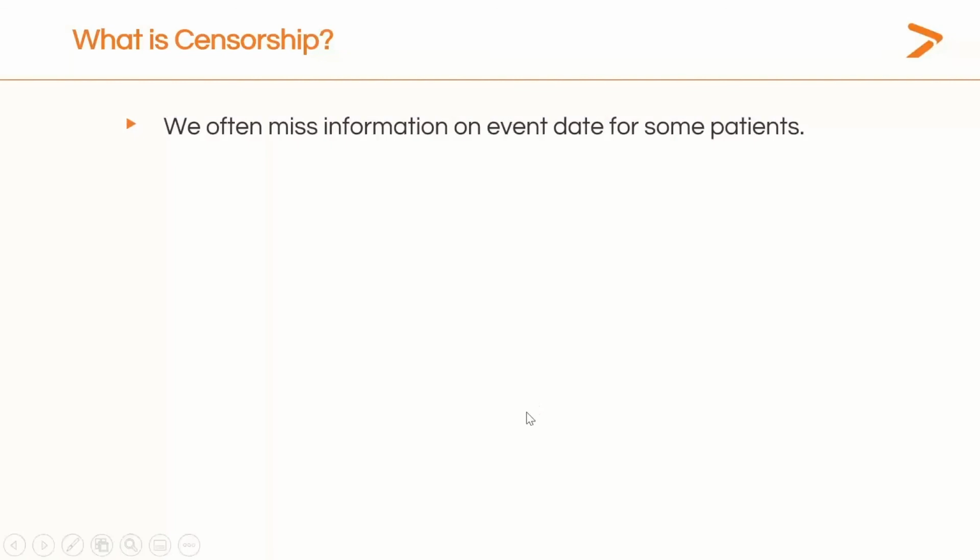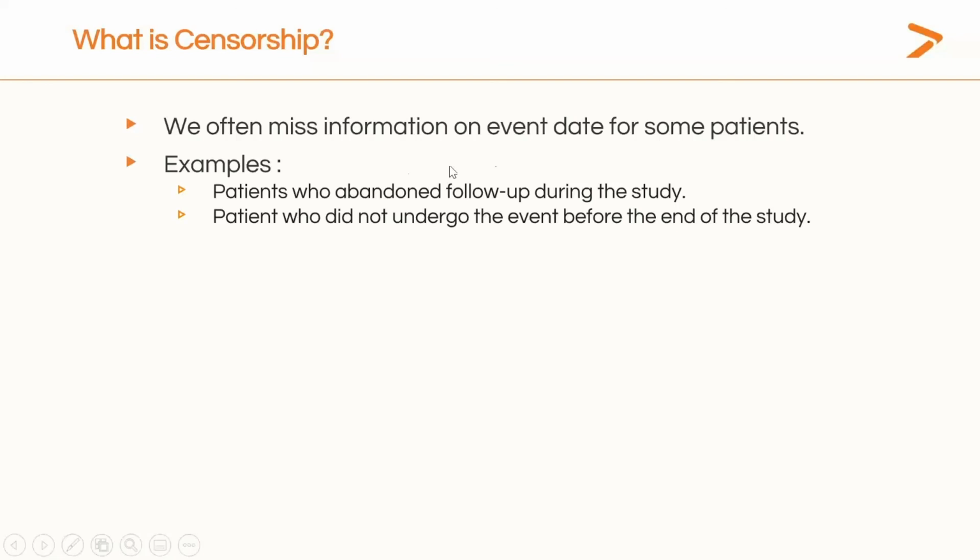Now, there's a very important idea you should be aware of in survival analysis. This is censorship. We often miss information on event dates for some patients. Here are examples. Patients who abandoned follow-up during the study. Sometimes we just don't know when the event occurred for a patient after the patient has left the study. Then you can also have patients who did not undergo the event before the end of the study.